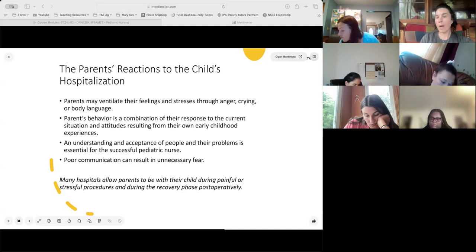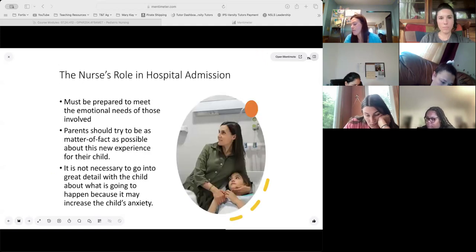We can role model appropriate parent interventions and make sure that we include them in that plan of care. They know their child the best. So we really want to keep them involved. So we need to meet the emotional needs of the entire family.